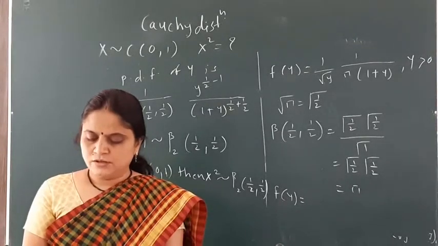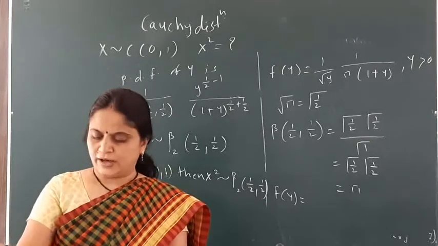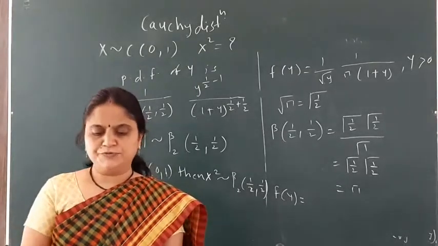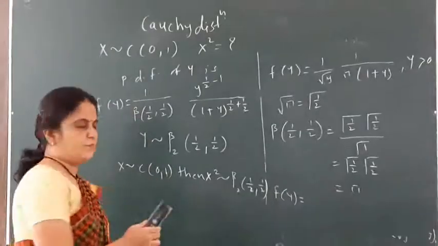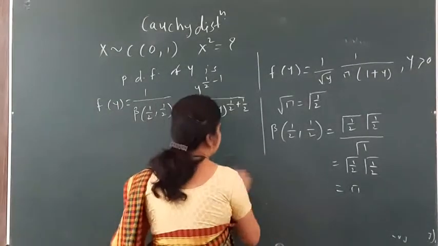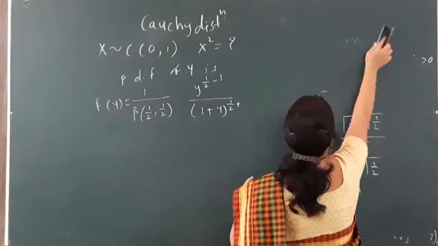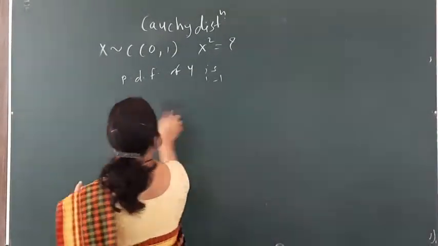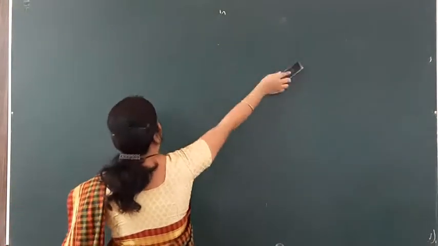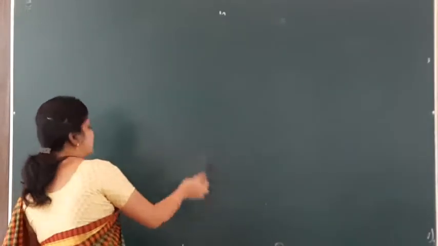Now the next thing is, let me find moments of the Cauchy distribution. By definition, do you know the formula for moments, or how many types of moments you have? Already you know that there are two types of moments, central moments and raw moments. Over here I need to find the raw moments about origin.